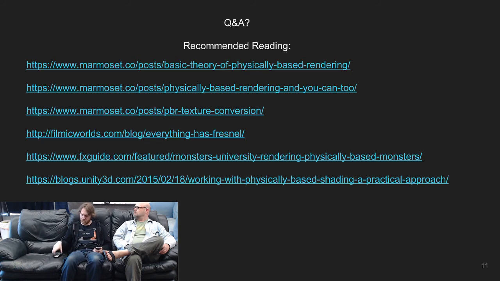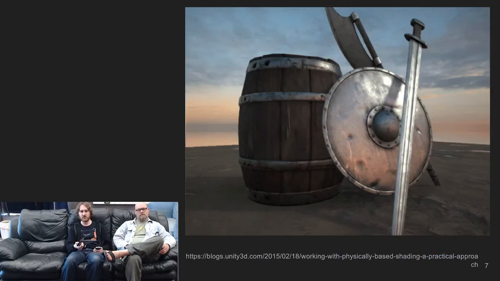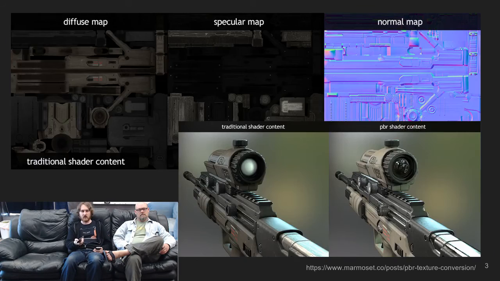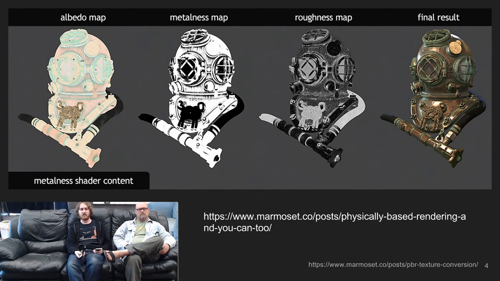Because by nature, going back to this map, you have your albedo map, which is the underlying color, your metalness, your roughness. It doesn't show up, but there's also the occlusion map and the height maps.